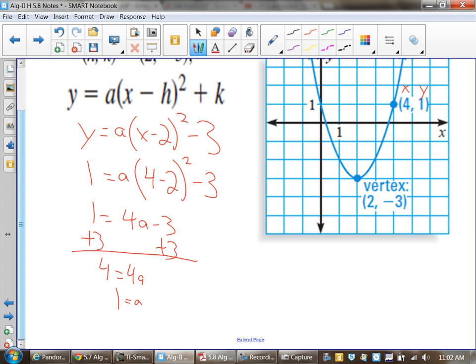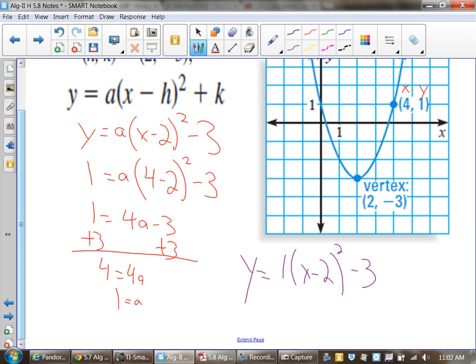Now, to write it in vertex form, just rewrite it now. You know your a, you know your h and k. You just rewrite it out. You get y equals a, x minus h, quantity squared, plus k, and that's your answer. Do you have to put the 1 there if your a value is 1? No, you don't have to.